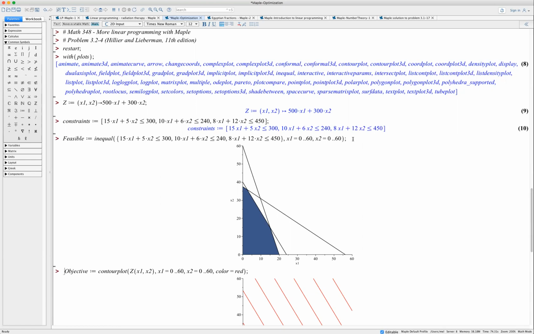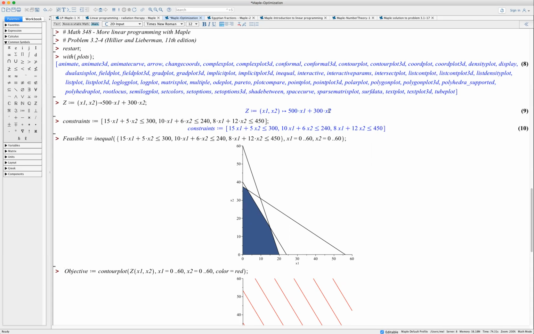Now, the graphical method for solving a linear programming problem is, if you're trying to maximize the objective function, to find the point in the feasible region where the objective function z is as large as possible. Now, for any constant value of z, this is going to be a line.